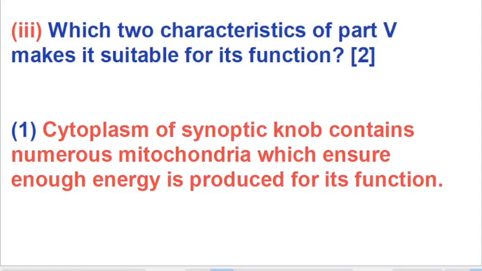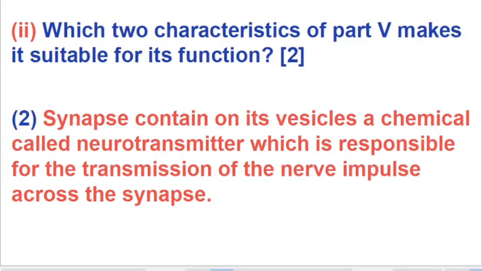So these were the two characteristics that make part V able to perform its function.